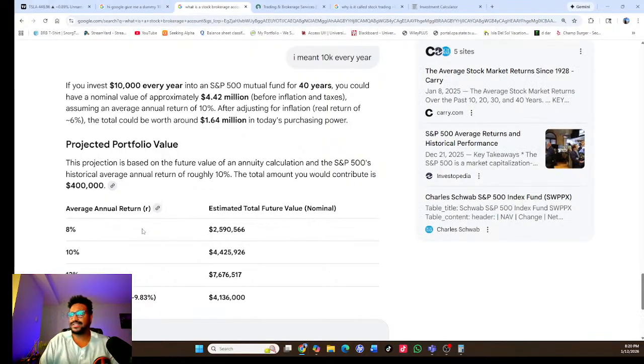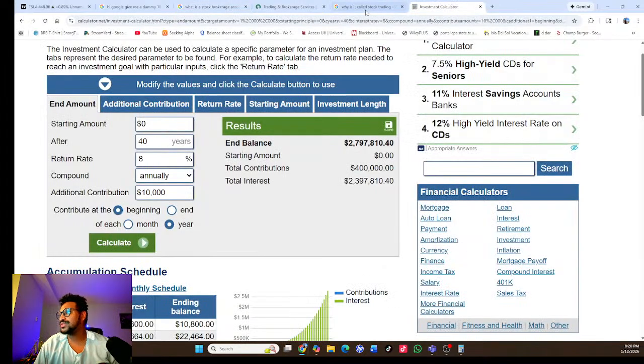It says if you invest $10,000 every year into an S&P 500 mutual fund for 40 years, you could have a nominal value of 4.4 million before inflation and taxes, assuming an average annual return of 10%. After adjusting for inflation, the total could be worth around 1.6 million in today's purchasing power. So I did the 8%, and I think we got like 2.7, 2.8.